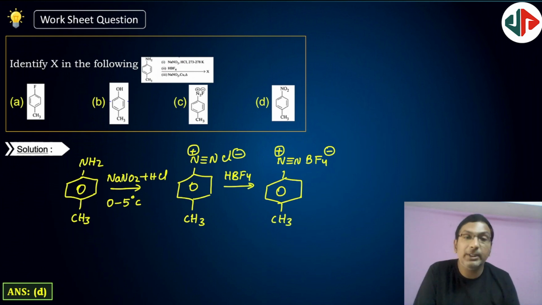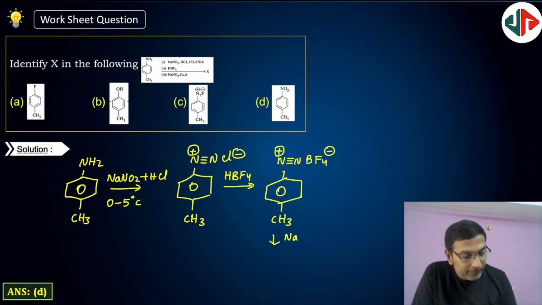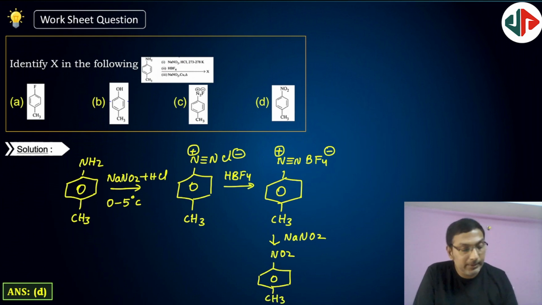So diazonium fluoroborate. Next, which one reacts with NaNO2 gives here NO2 and CH3. So this is the required compound, which is X.